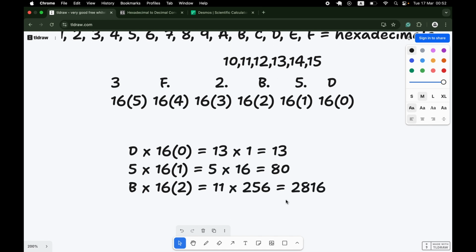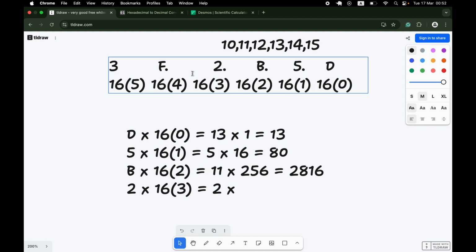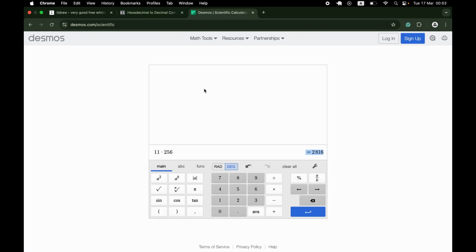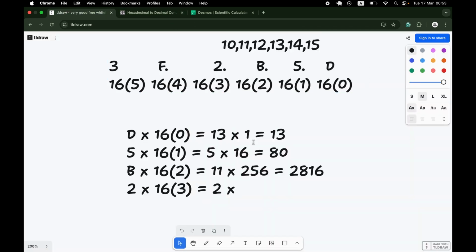How about the 2? The 2 is multiplied by 16 power 3. Before that, we need the value of 16 power 3. We take 256 and multiply by 16 again, which gives 4096.